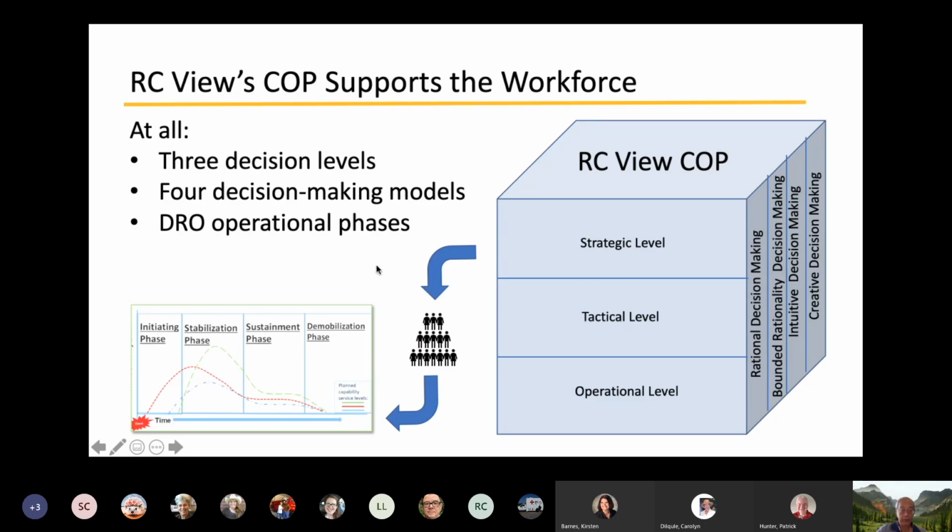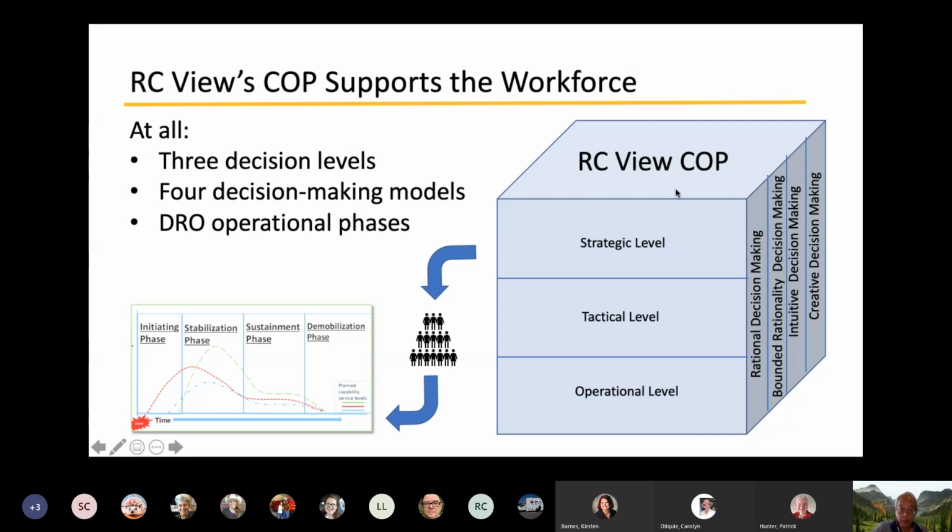This puts it all together. So let's move Kristen out of the way here. We've got RCView, the common operating picture, which supports the workforce, which is down here and represents the top of this cube. This cube is made up of the three levels that we have just discussed: strategic, tactical, and operational.